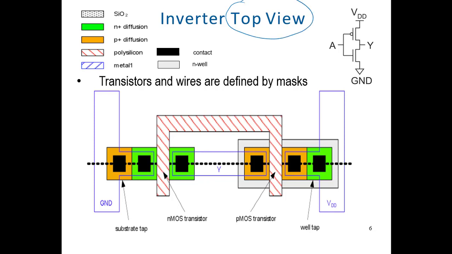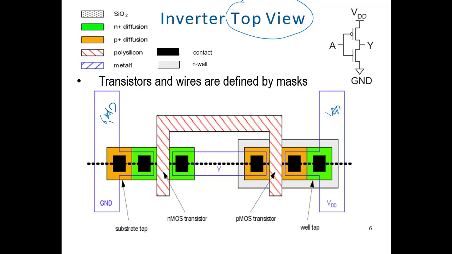So until now we were looking at the transistor through a cross-sectional view, and now we are looking at the transistor from the top. Okay, so you see here is your VDD line and here is your ground. And we have these different kinds of lines.